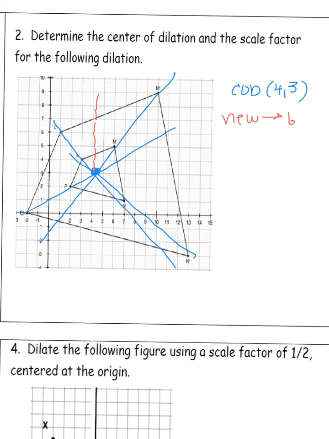And over 1, 2, 3, 4, 5, 6. Okay, so I've got 6 and 6. I'm going to do the same thing for my old, but this time it's 1, 2, 1, 2. So my old is just 2 and 2. Now, to find the scale factor, I only need to divide one set of these. So I'm going to say 6 divided by 2, and my scale factor is 3. And we're done here.